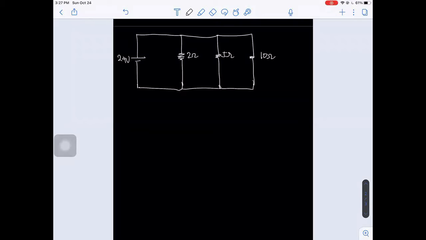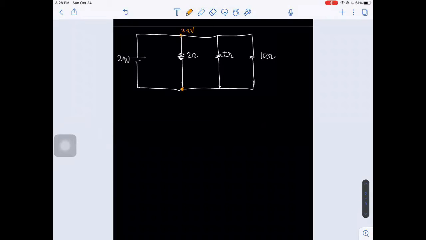In parallel circuits, as we've discussed earlier in the previous example, the total voltage of the parallel circuit is equal to the voltage drop across each resistor connected in parallel. So in this case, we have 24 volts. The voltage drop across the 2 ohms resistor, 5 ohms resistor, and 10 ohms resistor is equivalent to 24 volts.